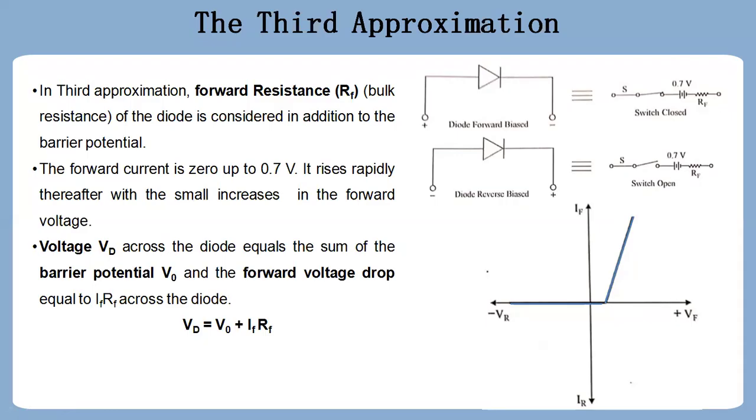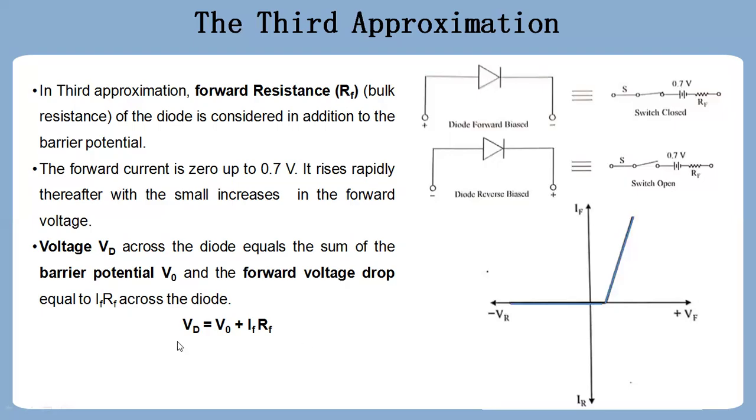Here, as we saw in the second approximation, till 0.7 we won't get any output because of this barrier potential, and after that we'll be getting the output linearly. Here the output voltage is equal to the summation of the barrier potential plus the forward voltage drop across the resistance, that is IF into RF, right?